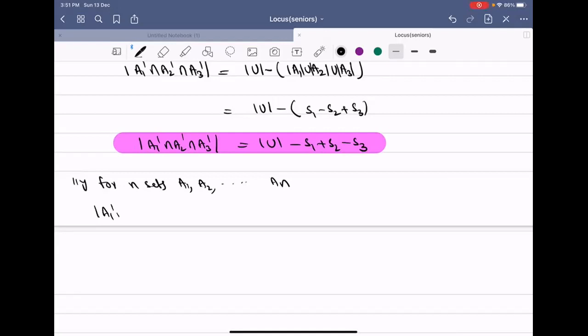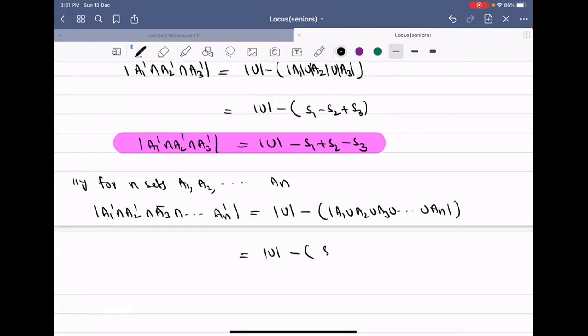A1 prime intersection A2 prime intersection A3 prime intersection etc. up to AN prime is equals to universal set minus A1 union A2 union A3 etc. union AN, which is equals to universal set minus, this is what?